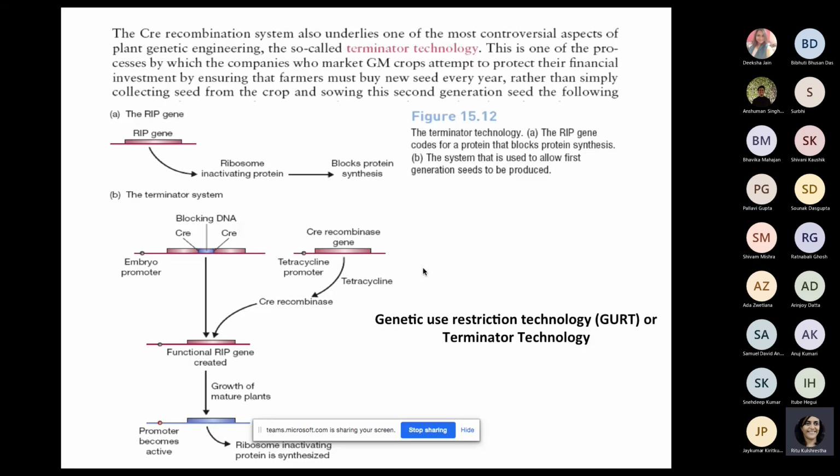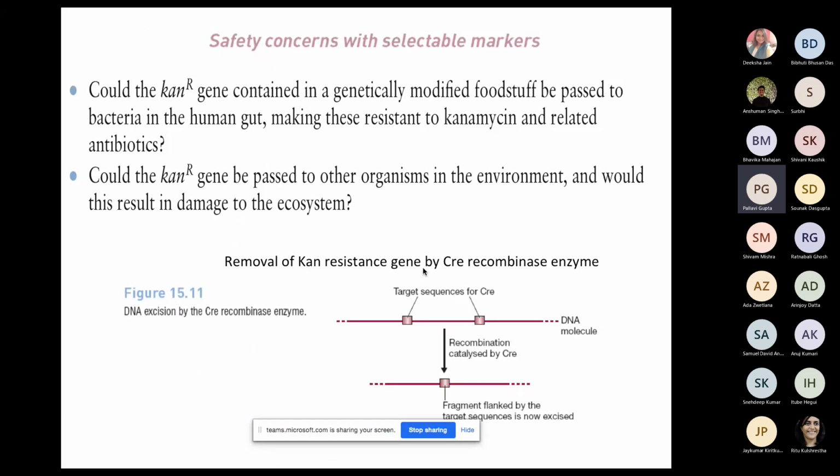Ma'am, in the previous case, when Cre was also introduced into the plasmid, since the antibiotic resistance gene was already flanked by lox sites, would it already remove the antibiotic resistance before we can select the plasmids?